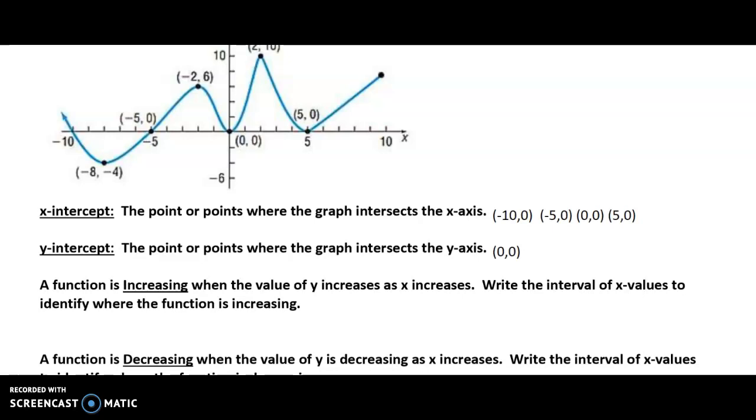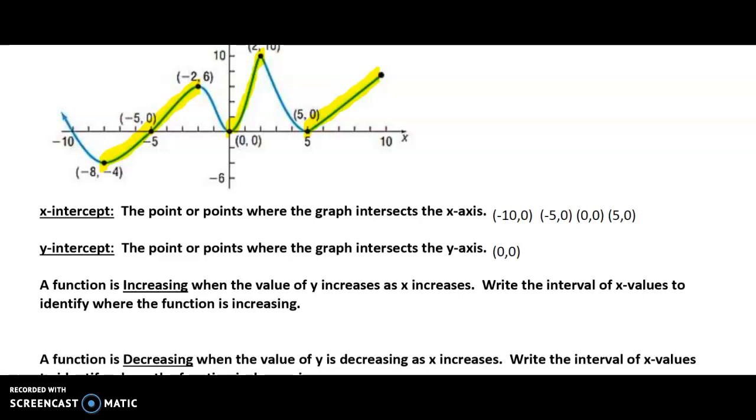Again, as the x value increases, so does the y value. So as you can see from the graph, the parts that I highlighted, that's where the function is increasing. All right, so from left to right, as the x value increases, so does the y value.